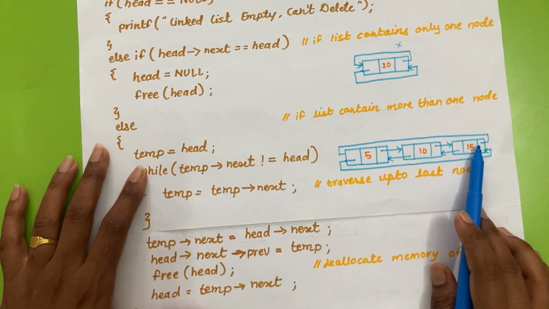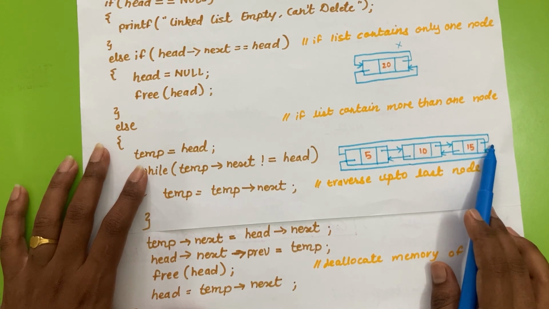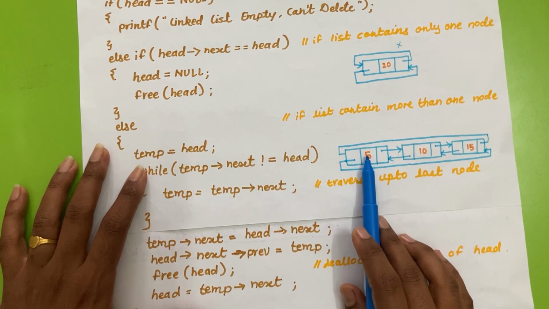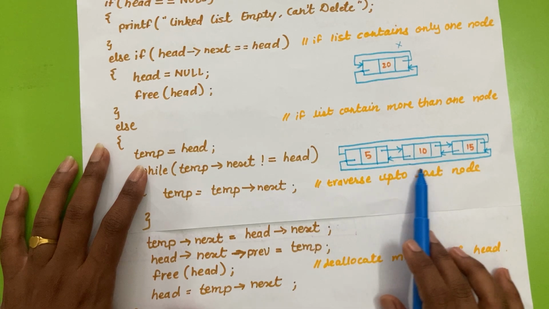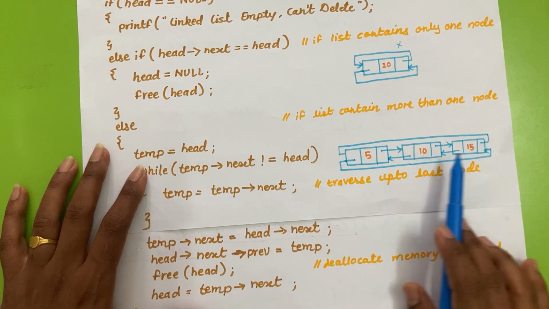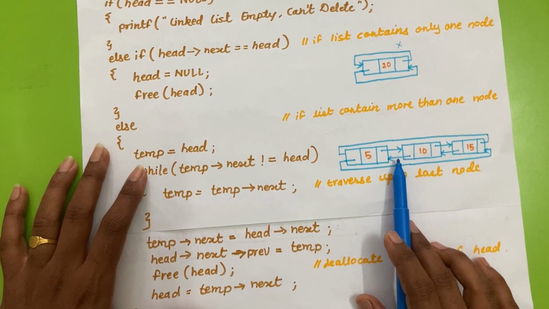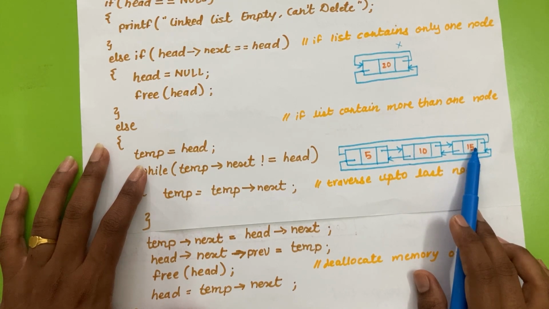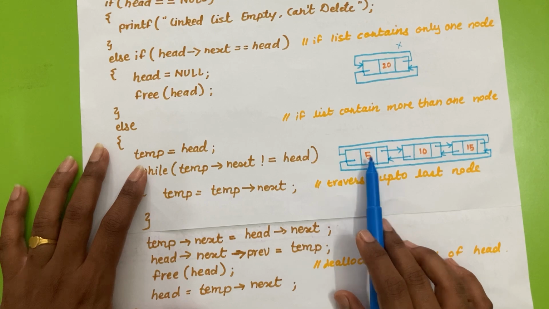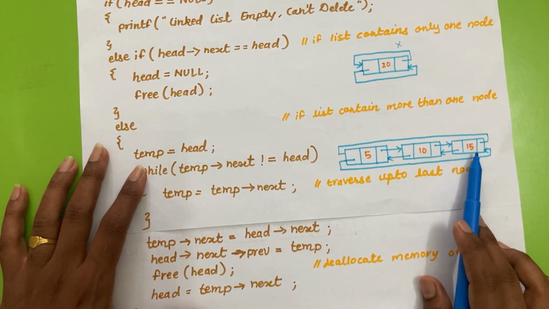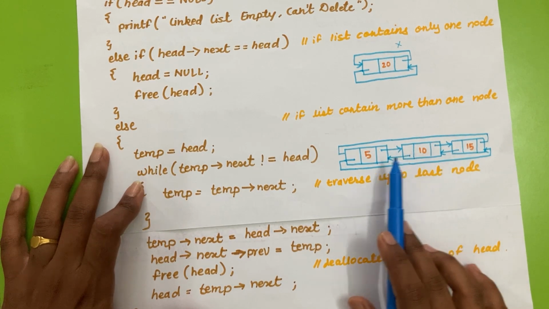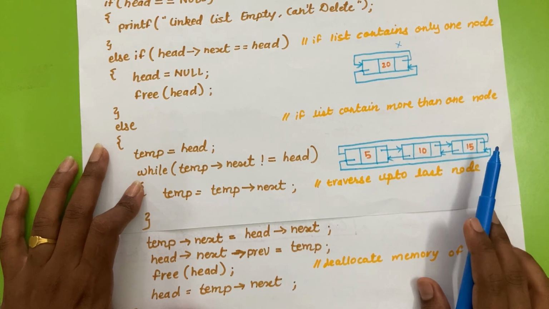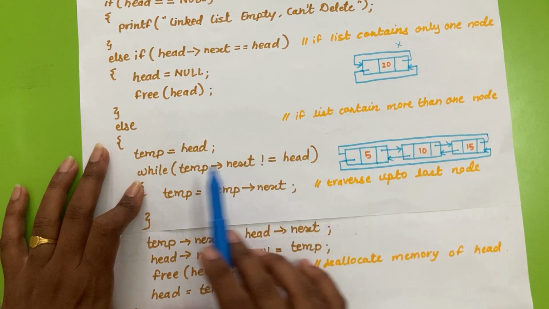This node's next field is pointing to the head, and the head's previous field is pointing to the last node. So we have to go to this last node first, so that we have the head node and the last node. First we will traverse from the head node to the last node with the help of the temporary node.